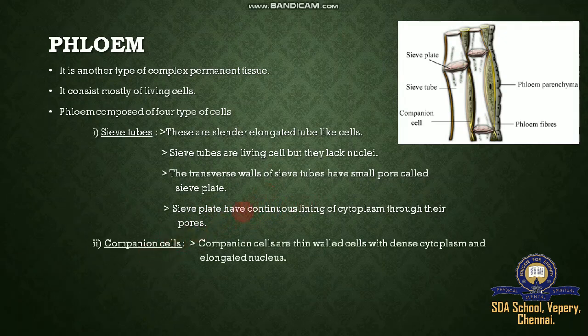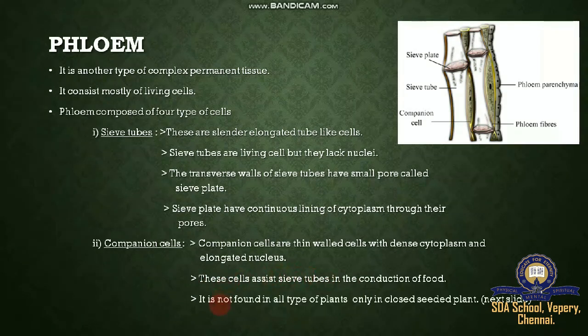Then the second type is called the companion cell. Companion cells are thin-walled cells with a dense cytoplasm and an elongated nucleus. The cell is elongated, a little lengthy in nature. These cells assist sieve tubes in the conduction of food.